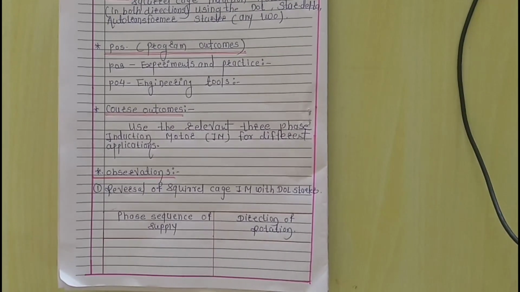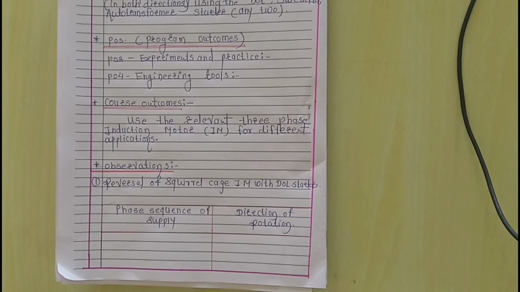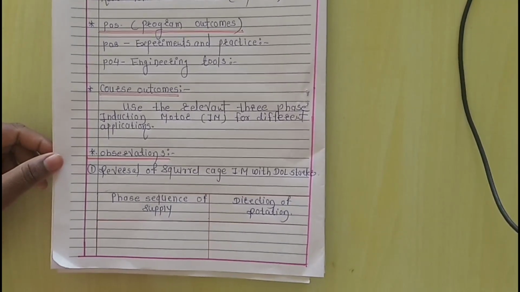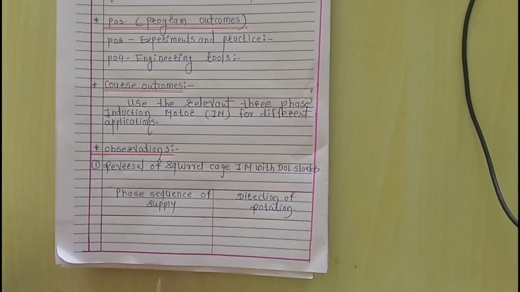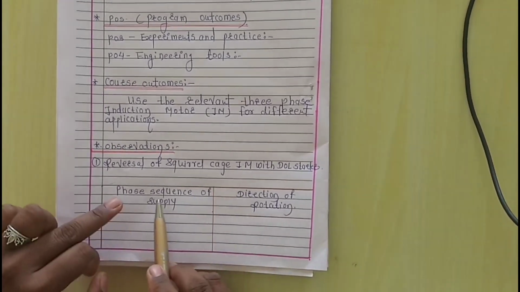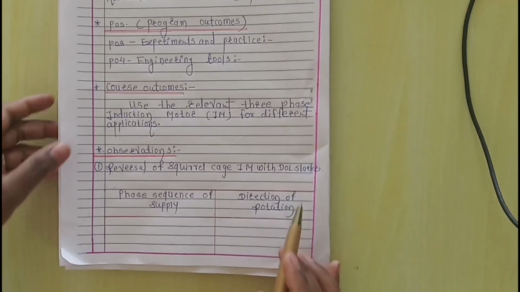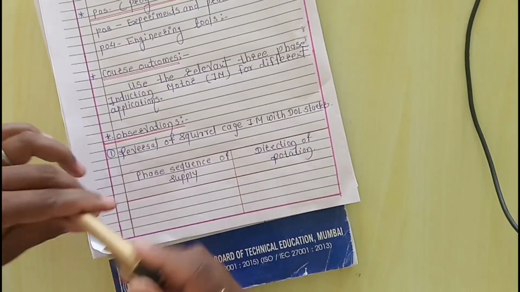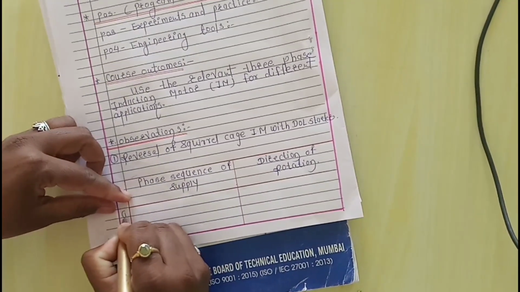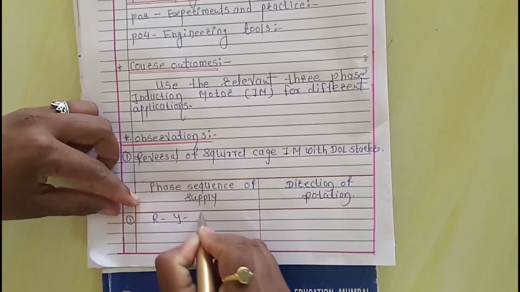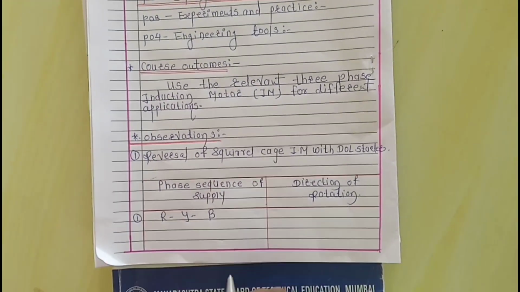After the conduction of the practical, we have some observations like this table. Whenever we reverse the direction of the induction motor, we simply have only two columns: as per the phase sequence, what will be the direction of the induction motor? As per the first diagram, or as per our practical session, firstly we give the normal phase sequence RYB to the induction motor.